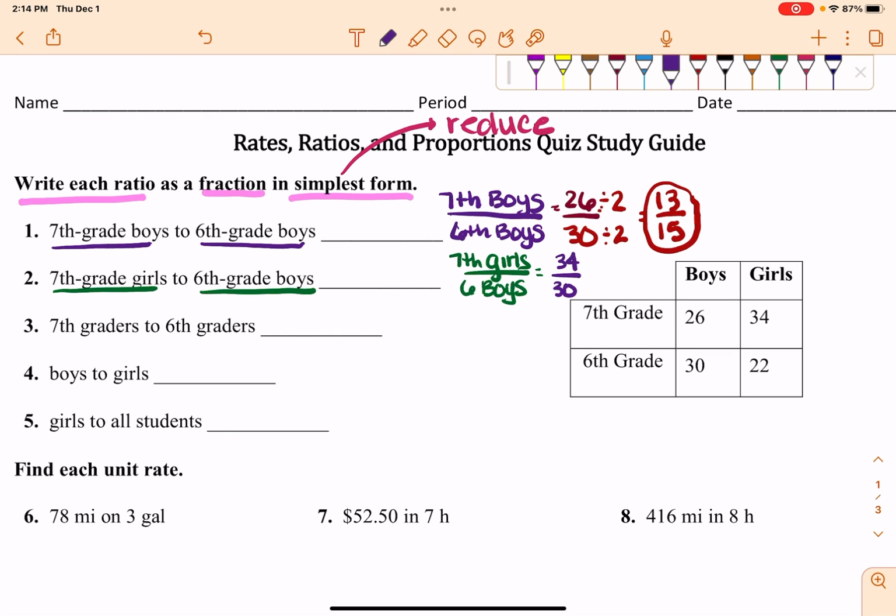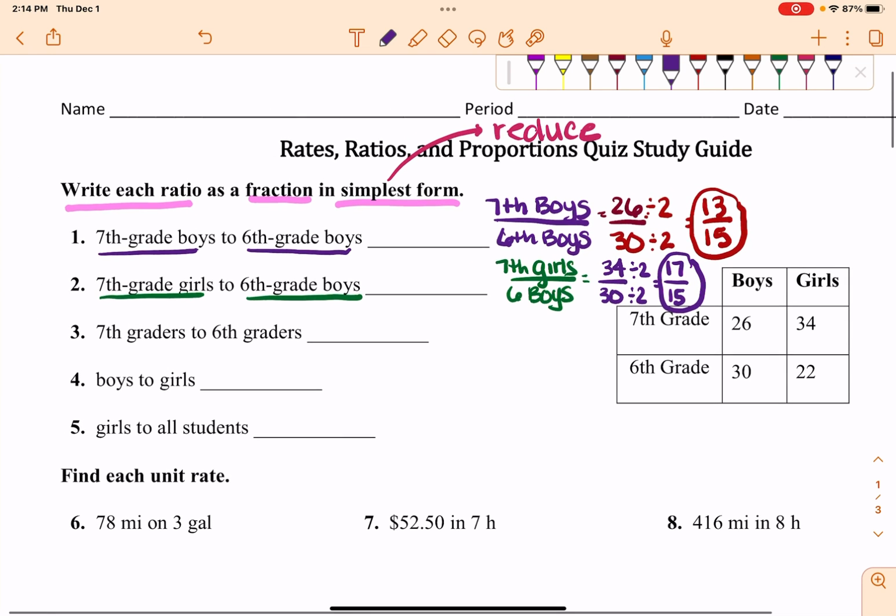I know both of those have a 2 that will go into both of them. If I reduce them both by 2, it's going to be 17 over 15. And 17 and 15 don't have anything more in common that you can pull out, so that's my final answer.